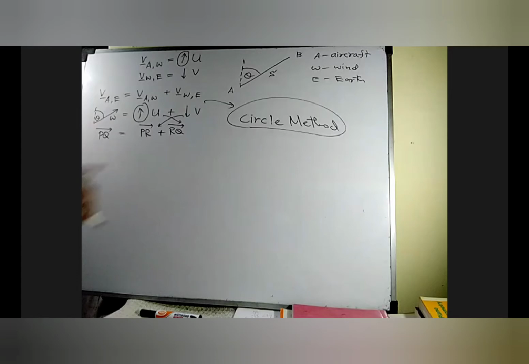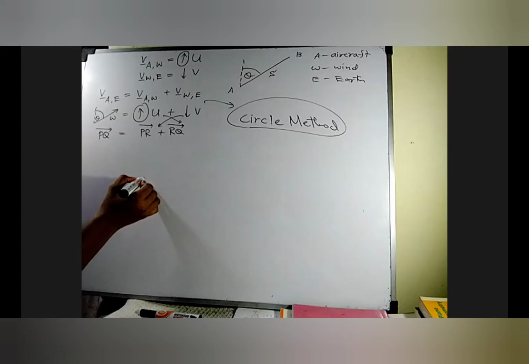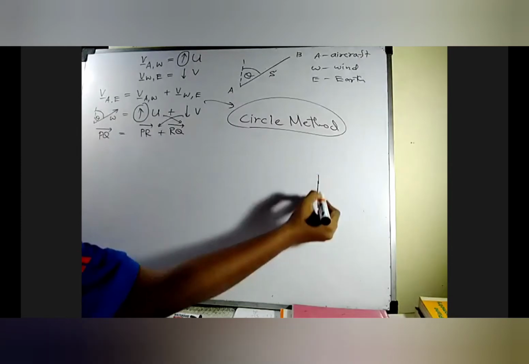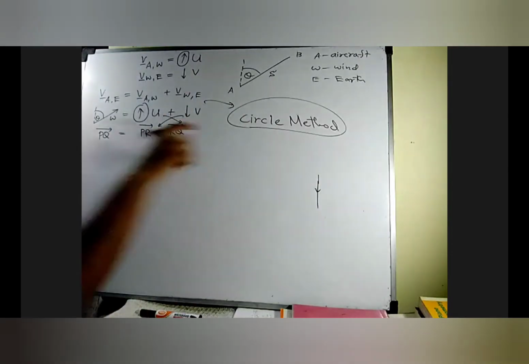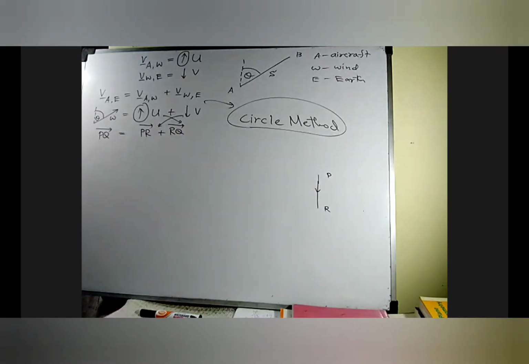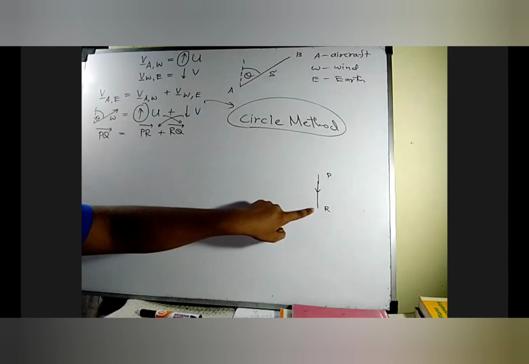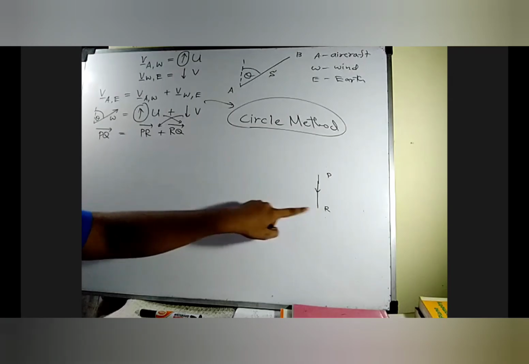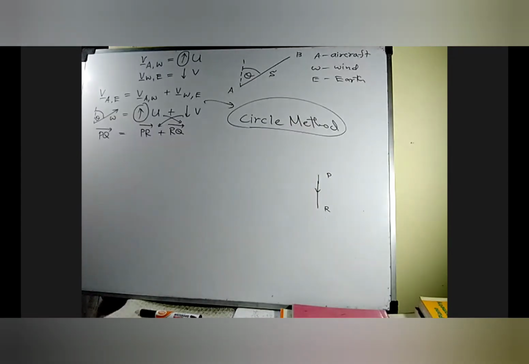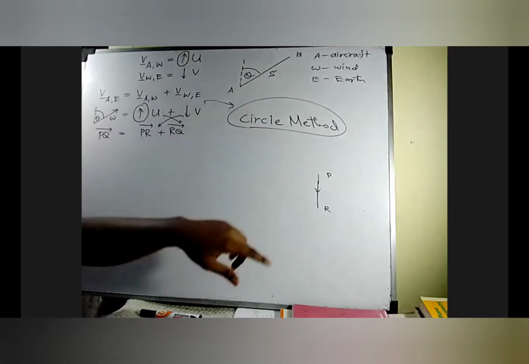Done. Now we can draw the PR vector representing V downwards. What is that vector? PR. Then, considering the end point of the first vector, we are going to draw a circle around it, keeping that as the center.